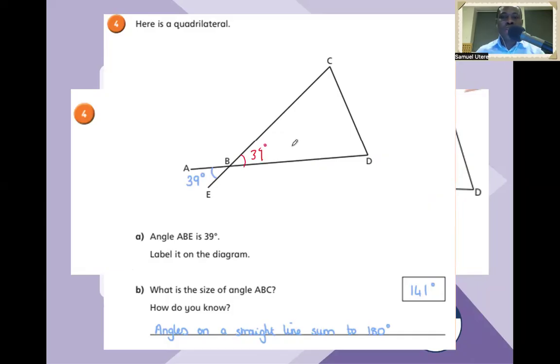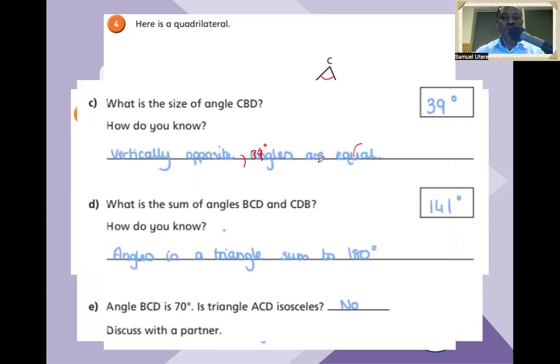So whatever is left will be 180 minus 39 degrees, which will be the sum of these two angles, which is what is being referred to for question D. So the reason is angles in a triangle sum to 180 degrees.